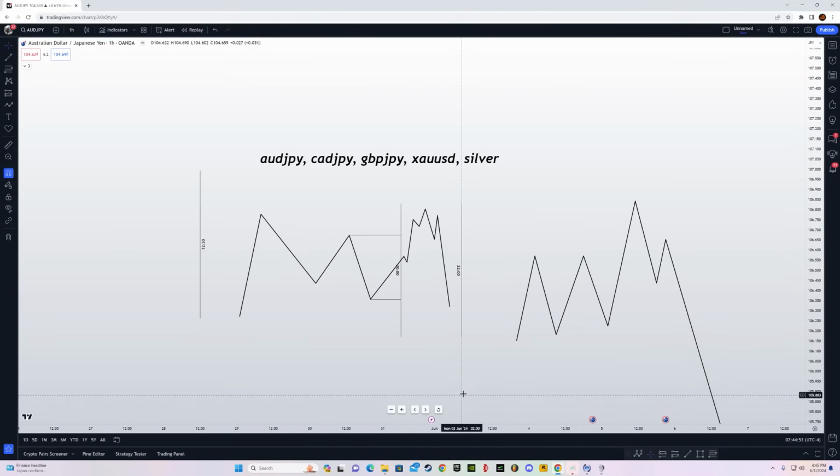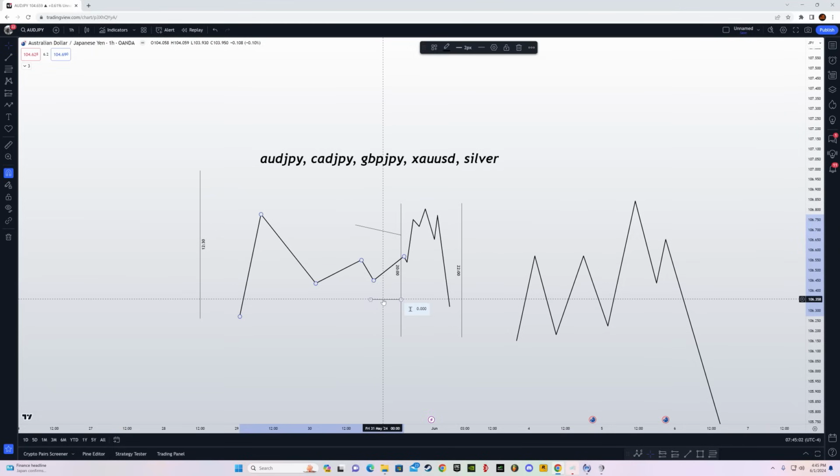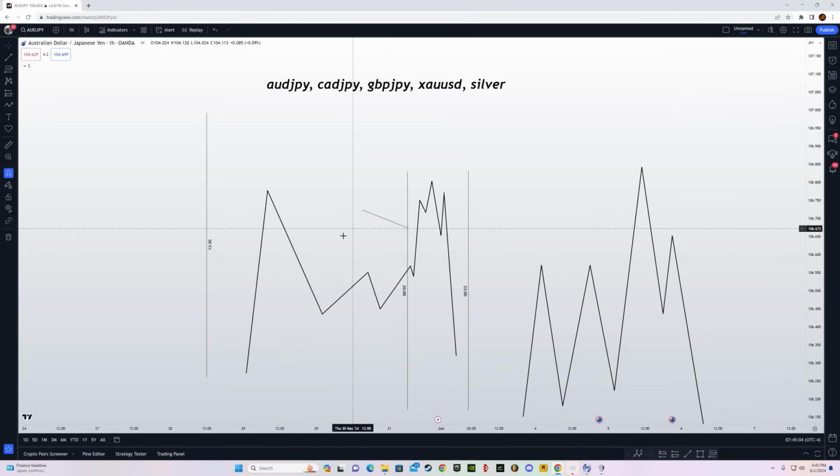Now, here is an exception. Let's assume there is no most recent high or most recent low before 8 p.m. What you can essentially do is look for a low or a high formation inside this window period, and then look for a sweep.